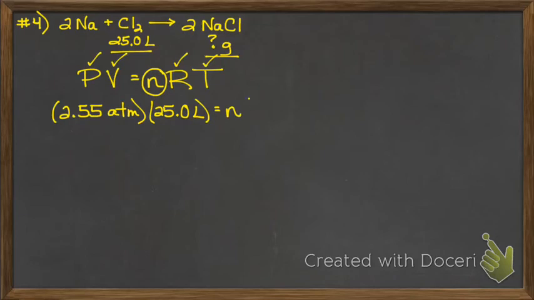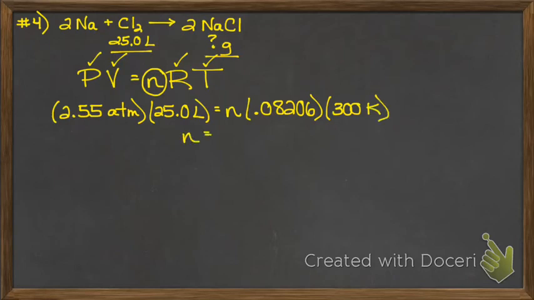I don't know the moles. The ideal gas constant for atmospheres, 0.08206. And the temperature, how nice, they already put it in Kelvin for us.